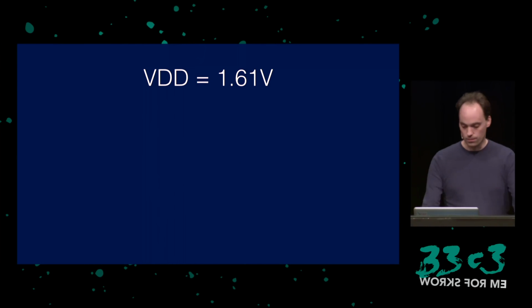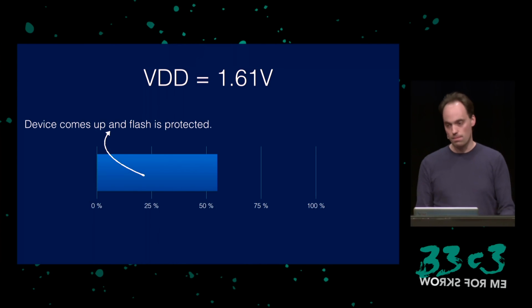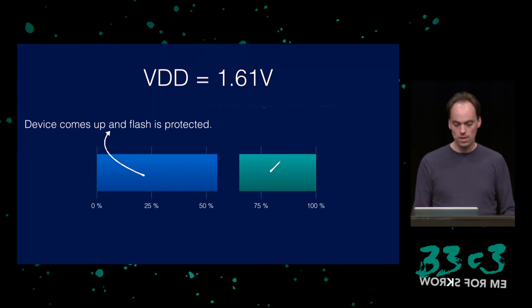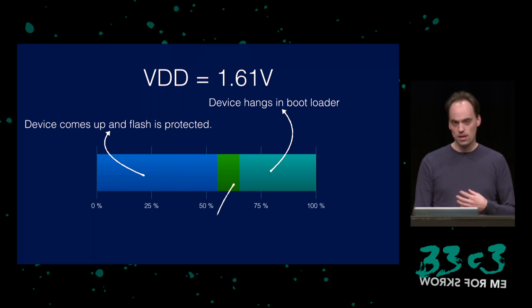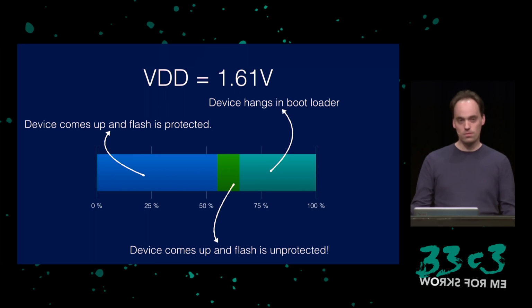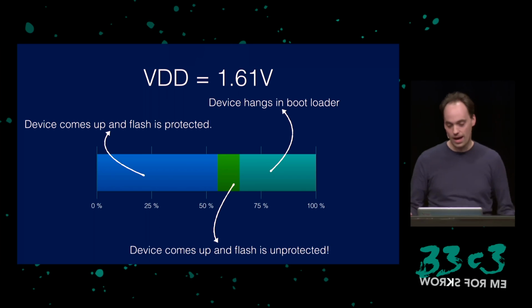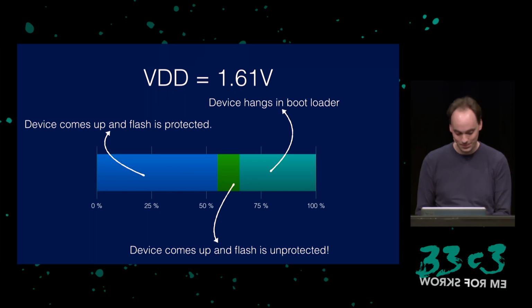Most of the time the device comes up and the flash is protected, and the remaining times the device comes up and hangs in the bootloader. But 1 in 10 times something interesting happened. The device came up and the flash was not protected. So I could dump it out.